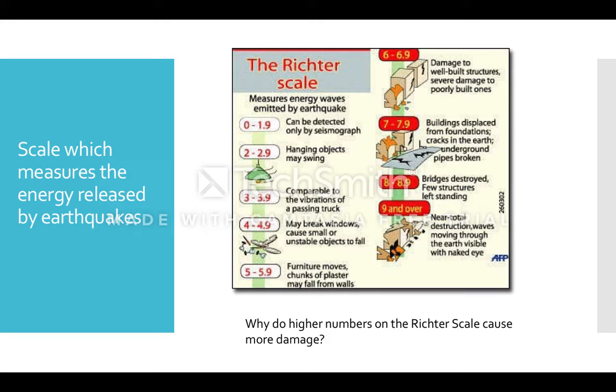At a 7 to 7.9, buildings can actually be displaced or moved from their foundation, and this is considered catastrophic. As damage increases from 8, 8.9, and 9 and over, you start to have total destruction.